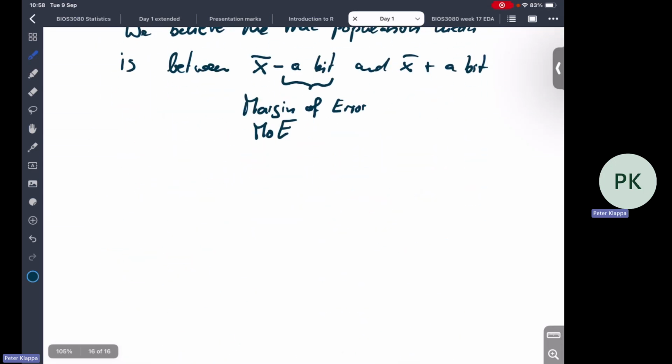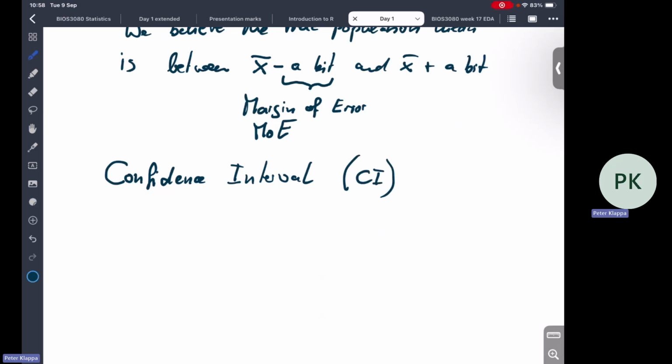Shall we close the door, maybe? Yeah, then it's not so cold.